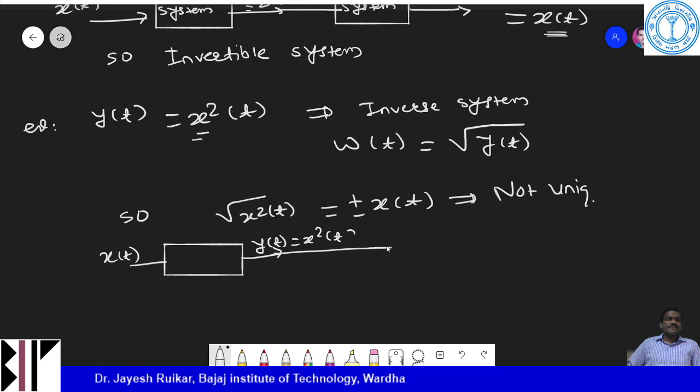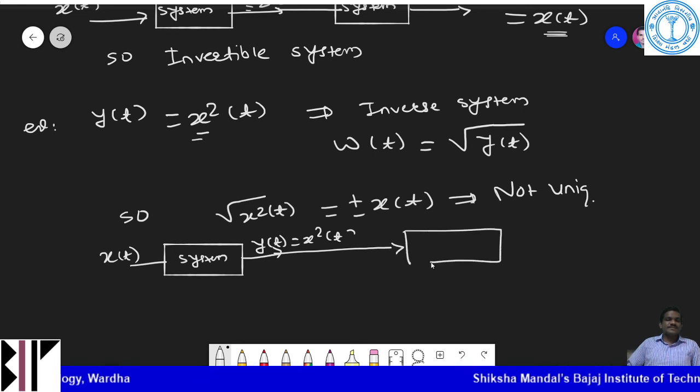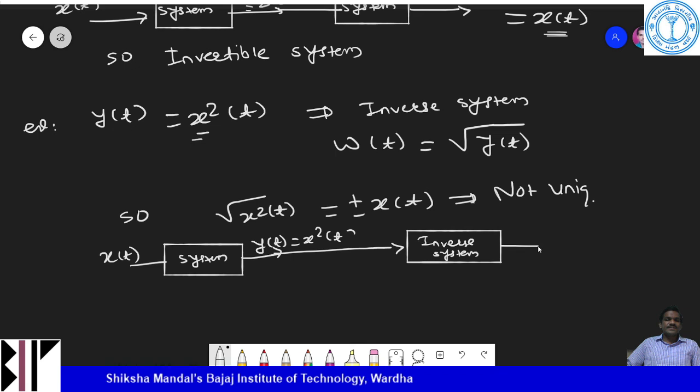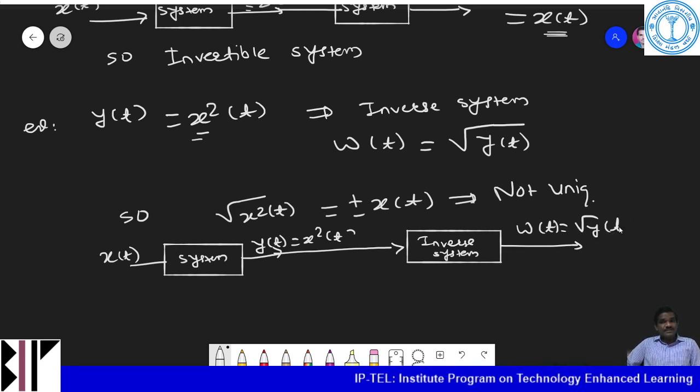This is my first system. If I provide this to another system, or you can say the inverse system, that means the square root of y of t, then it will provide me w of t equals the square root of y of t.